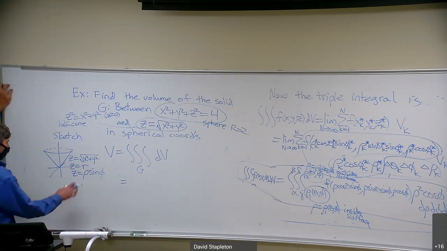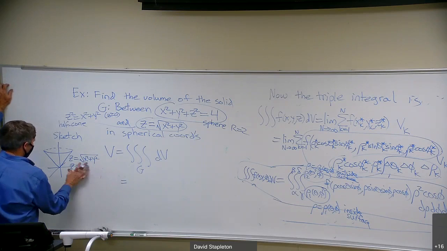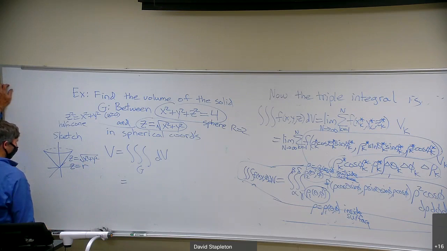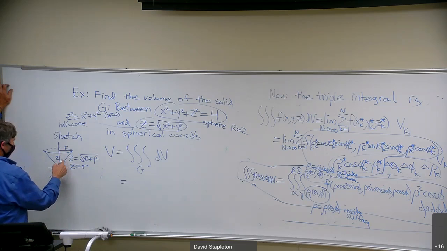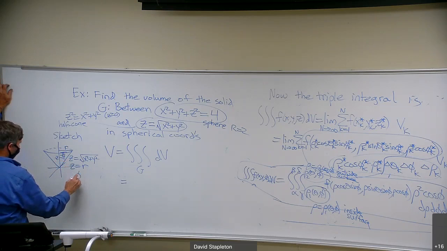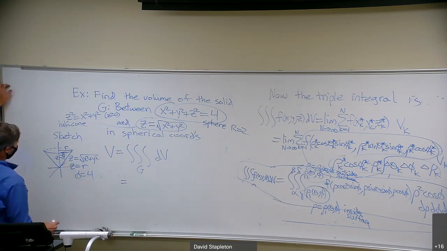That's not what I want. Sorry. If z equals r, that means that this is actually a pi over 4 angle. And so phi equals pi over 4 is its equation.